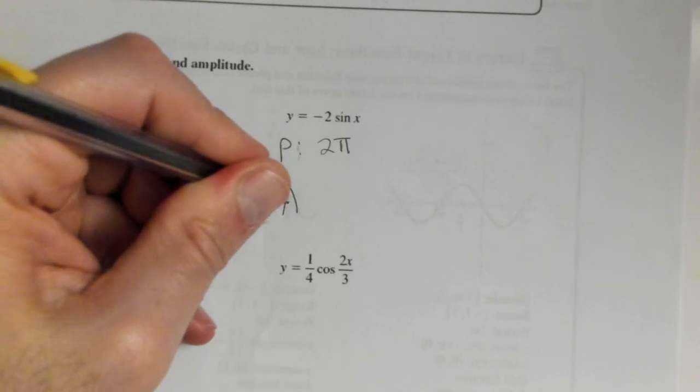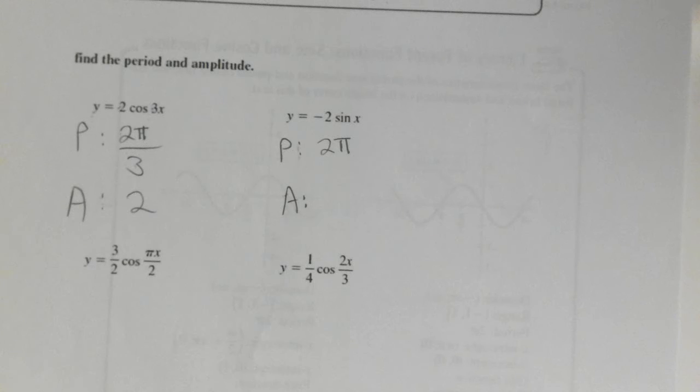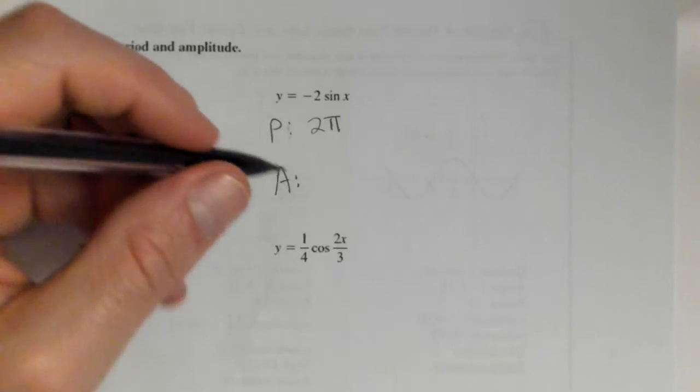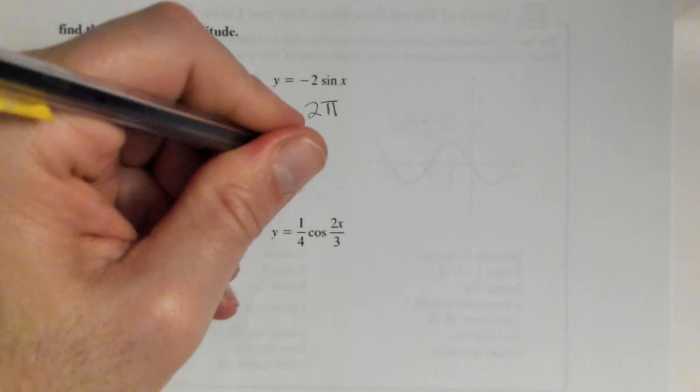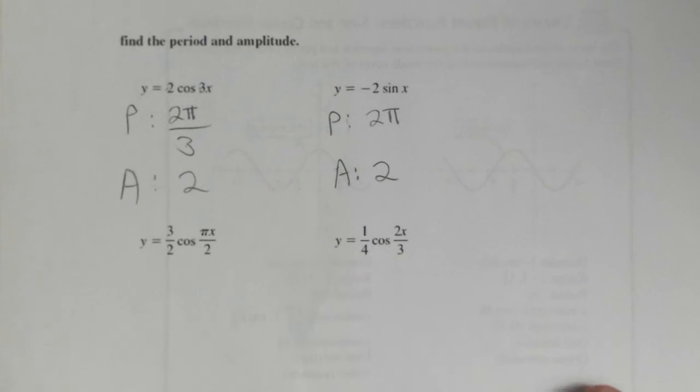What about the amplitude though? The amplitude right here, we can use this value, -2, is the value of the a here. But remember what amplitude is, it's the absolute value of that. So instead of -2, we're just going to call it 2, because the amplitude is always expressed as a positive number. Let's go to the next one.